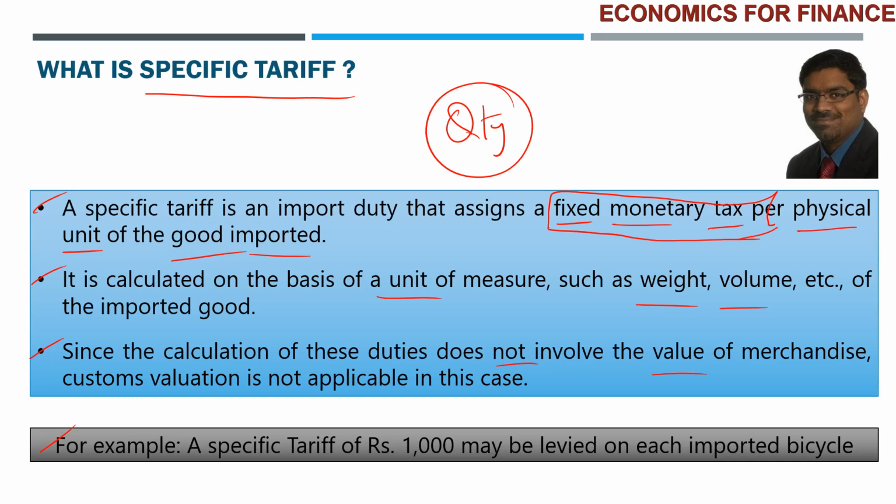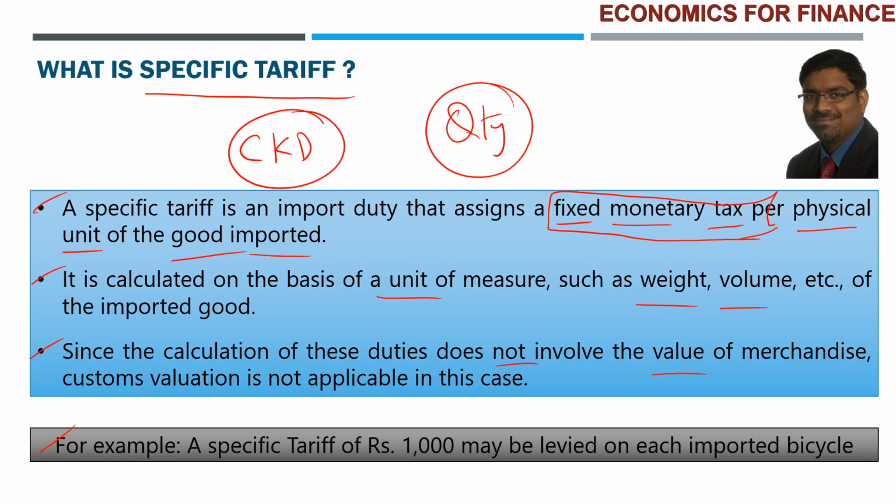So that is sometimes called as CKD condition, completely knocked down. Most of our mobile phones that we are seeing, though which are manufactured in India, we are thinking, sorry sir, they are not manufactured in India, they are assembled in India. They come to India in CKD condition, completely knockdown condition means each and every part is just imported separately, but all of that are assembled in India and sold as made in India or whatever, assembled in India mobile phones.